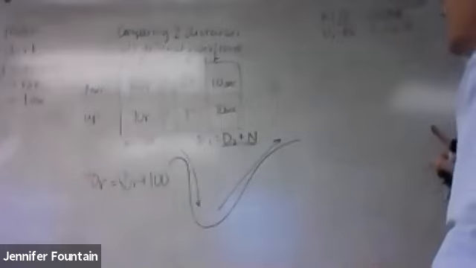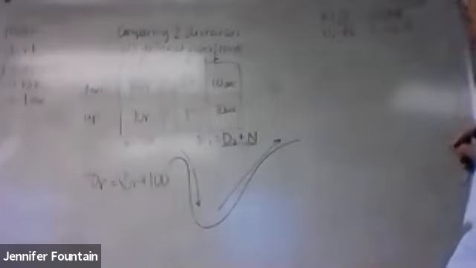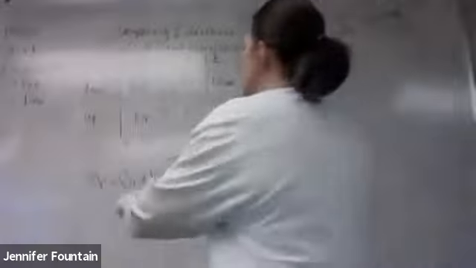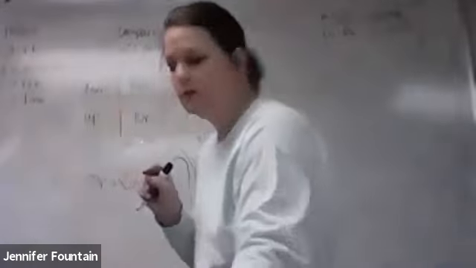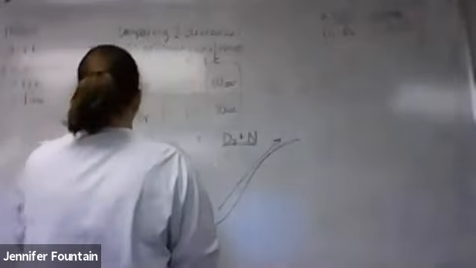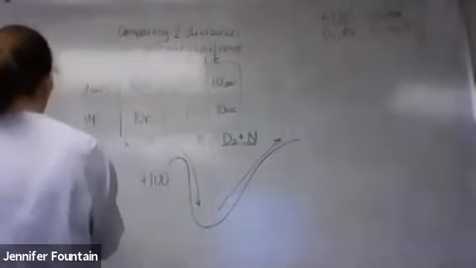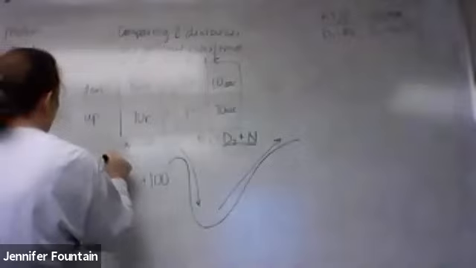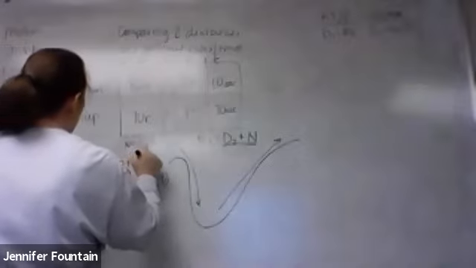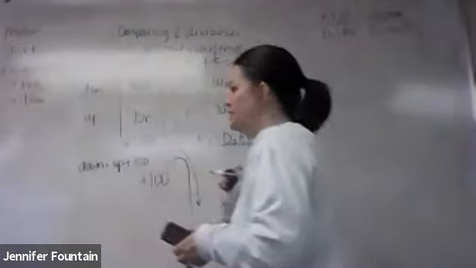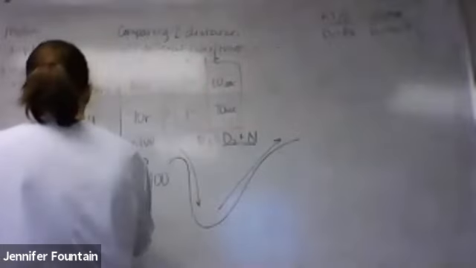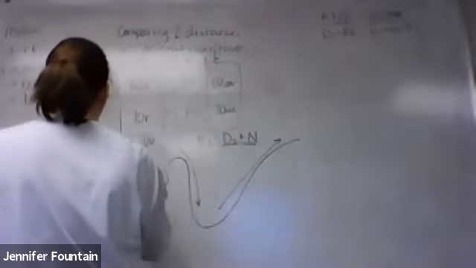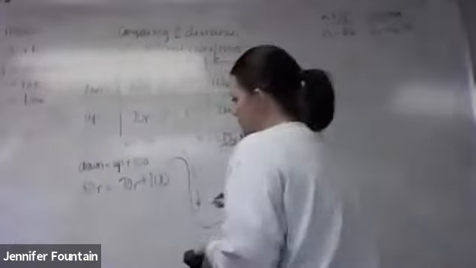So I've got them flip-flopped. Down equals up plus 100. So down is 80R equals 70R plus 100.